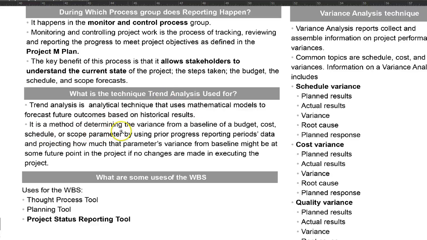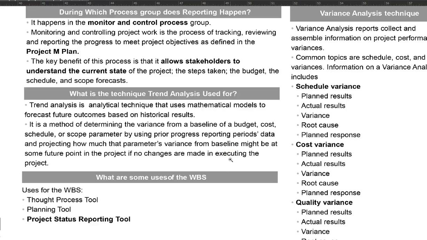It is a method of determining the variance from the baseline of a budget, cost, schedule, or scope parameter by using prior progress reporting periods' data and projecting how much the parameter's variance from baseline might be at a future point in the project, if no changes are made in the executing of the project.